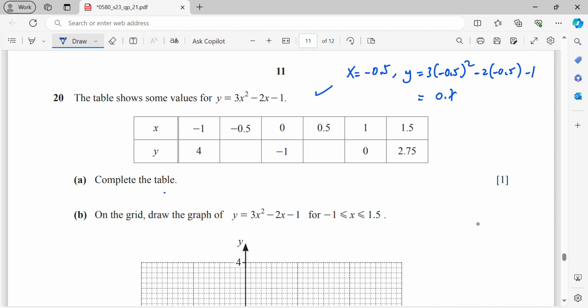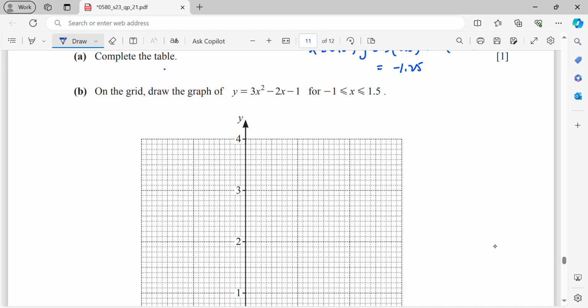So I will label here 0.75. And now the next value is x equals 0.5. Then y is 3 times 0.5 squared minus 2 times 0.5 minus 1. Then you will be getting negative 1.25. So done for the A.